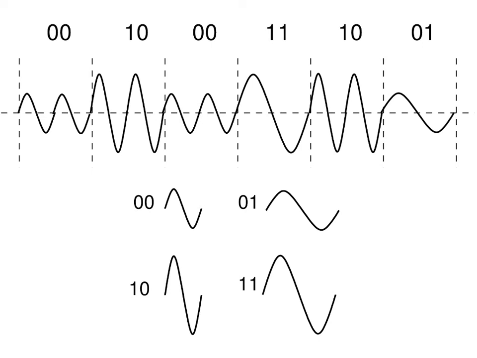What's our data rate now? How many bits per second are we sending? If this is 2 milliseconds, how many bits per second? Use your phone to calculate. 2 milliseconds, what's the bit rate, data rate?